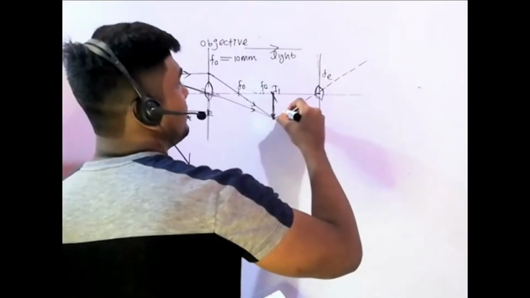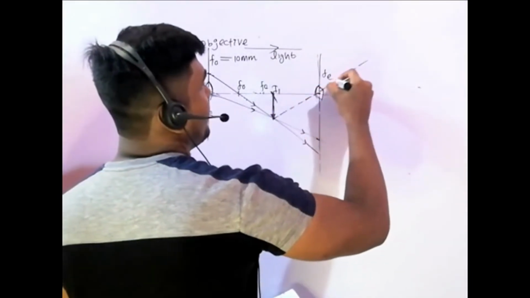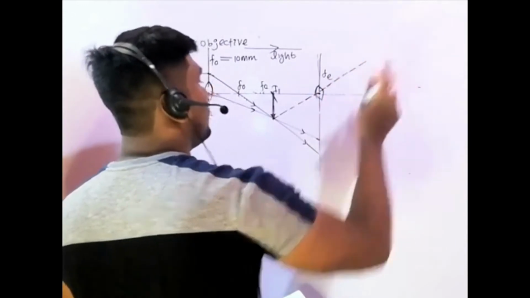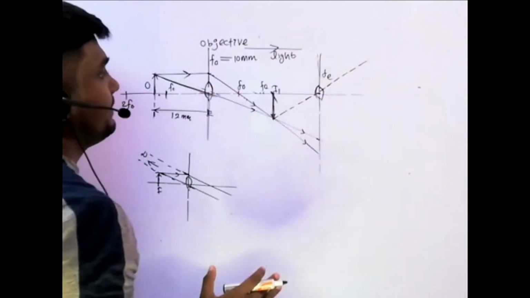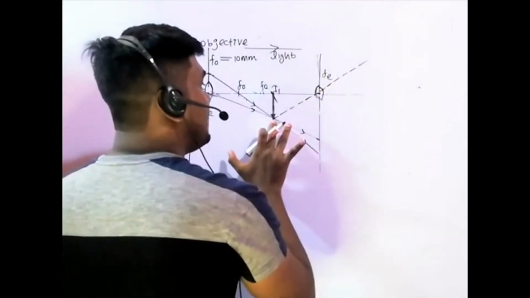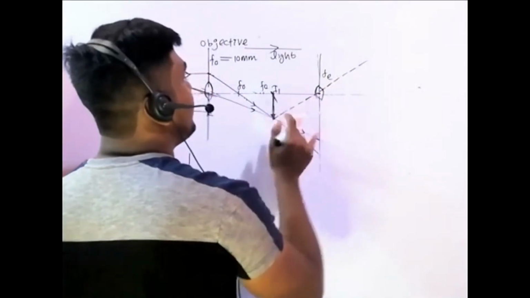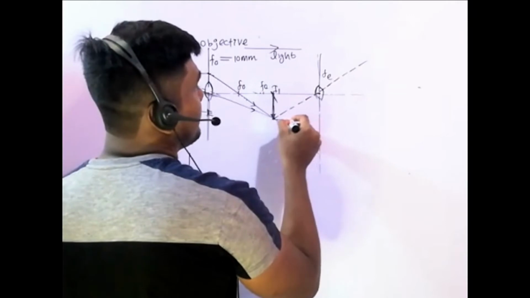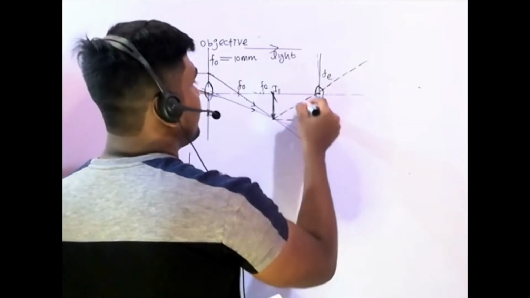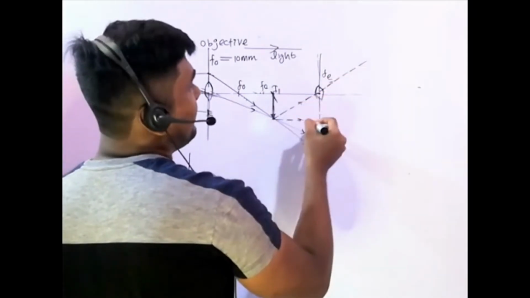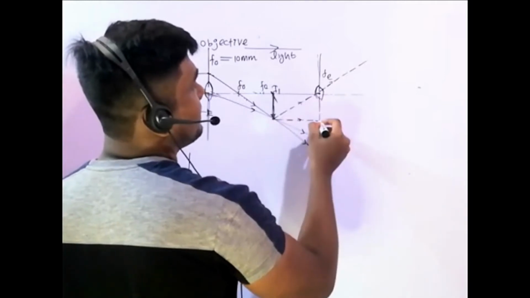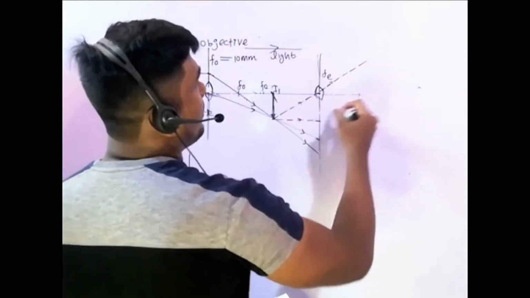I drew it using dotted lines. What is our next standard ray? Whenever a light ray is parallel to the principal axis, it will pass through the focal point.